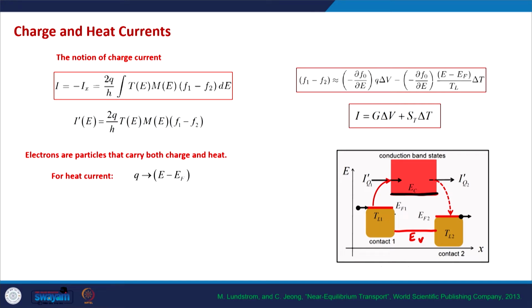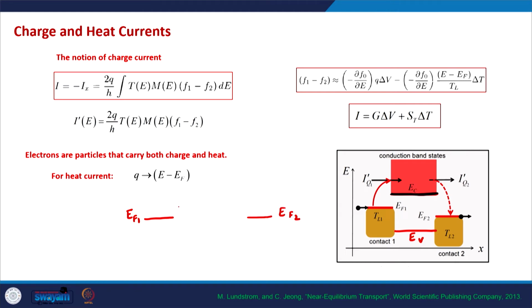So, let us first draw the equilibrium picture. In equilibrium, on the left contact we have Fermi level EF1, and on the right contact we have Fermi level EF2.